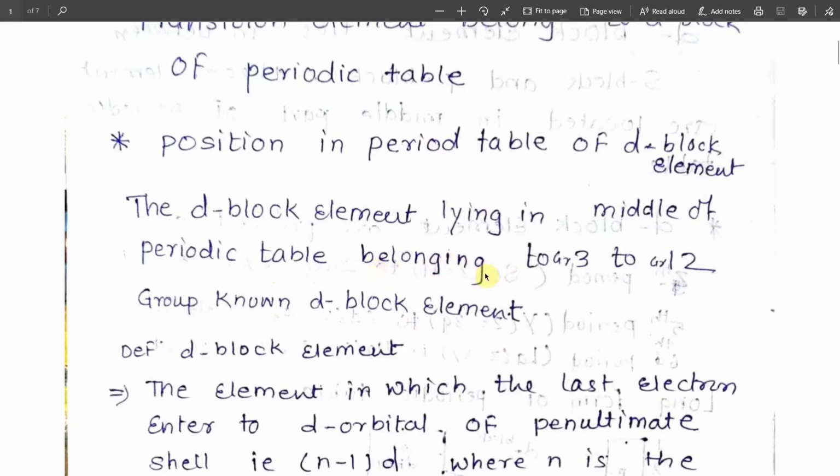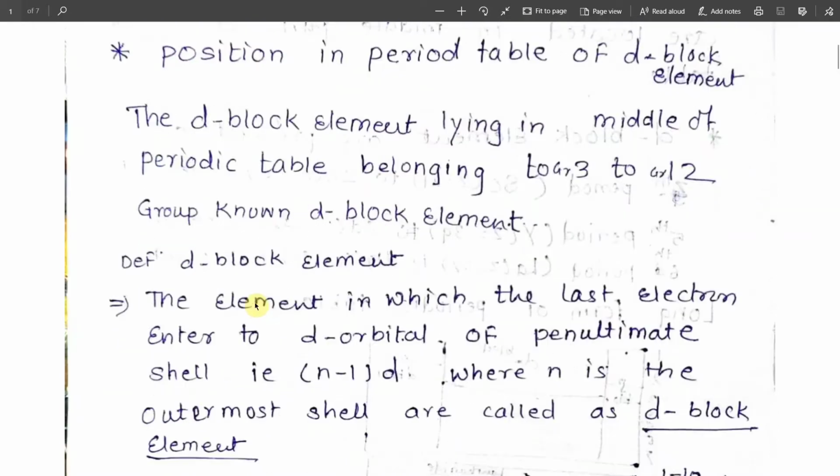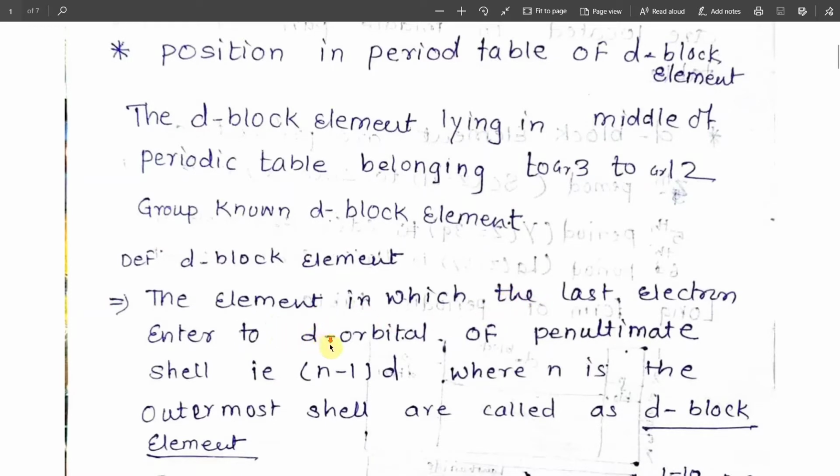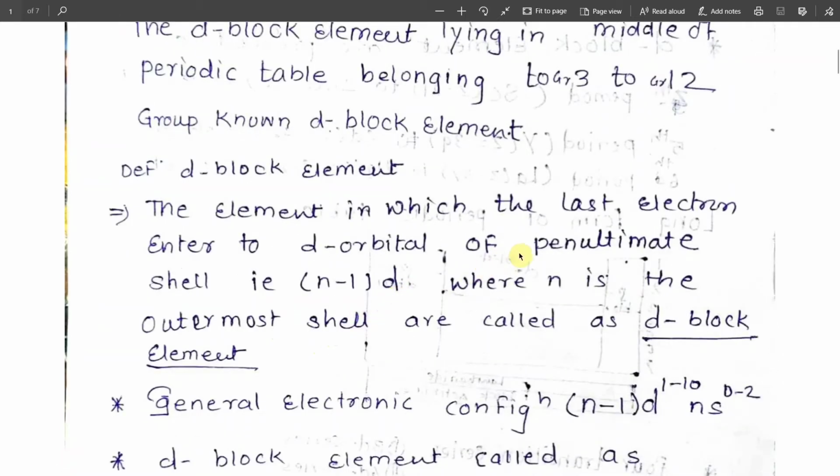What is the position of D block elements in the periodic table? The D block elements lie in the middle of the periodic table, belonging to group 3 to group 12.